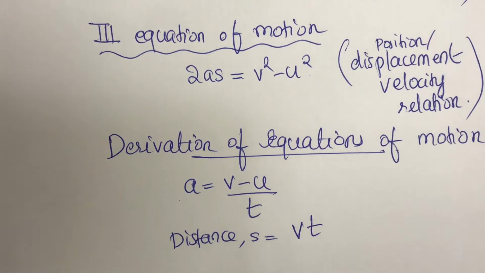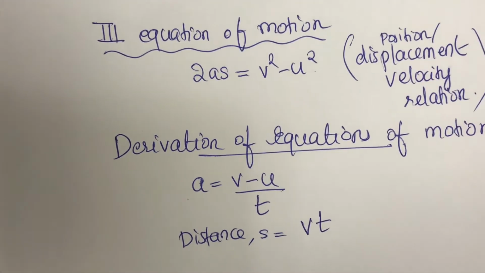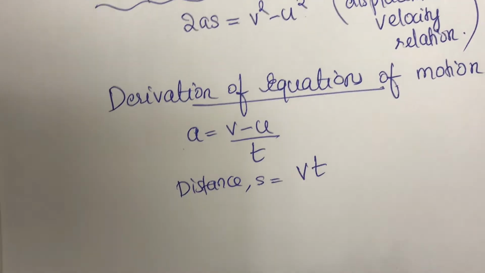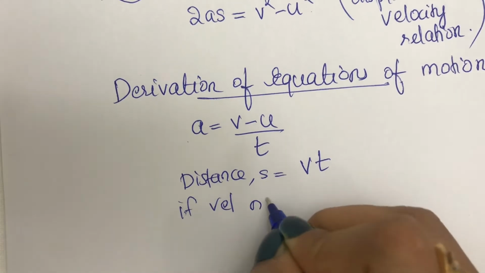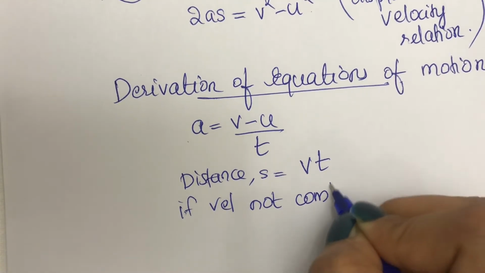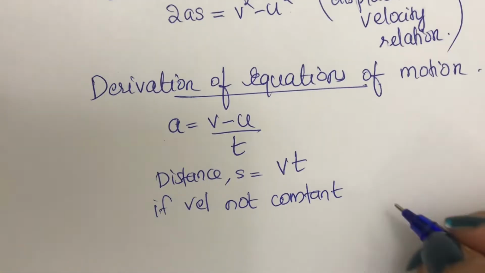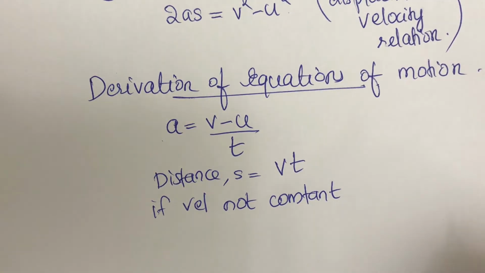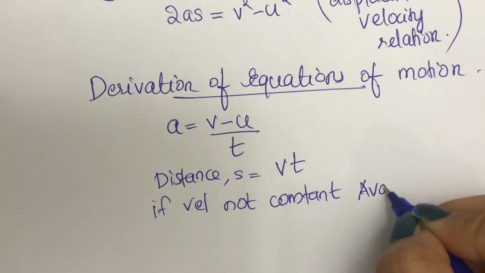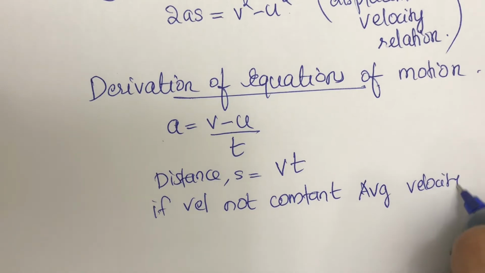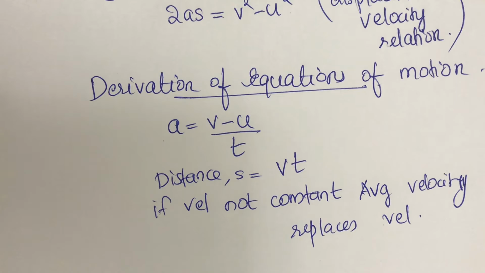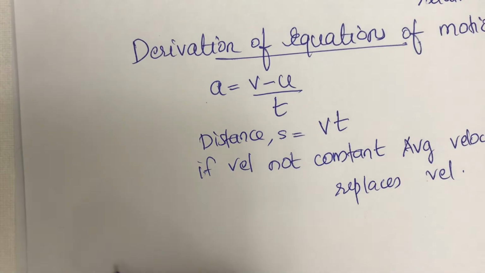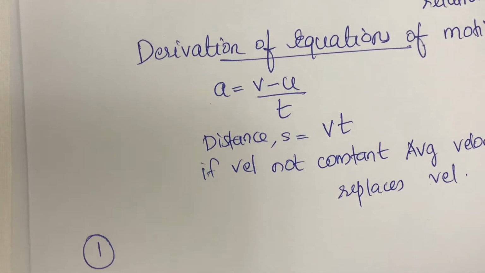If the velocity is not constant, then instead of velocity we have to take the average velocity.